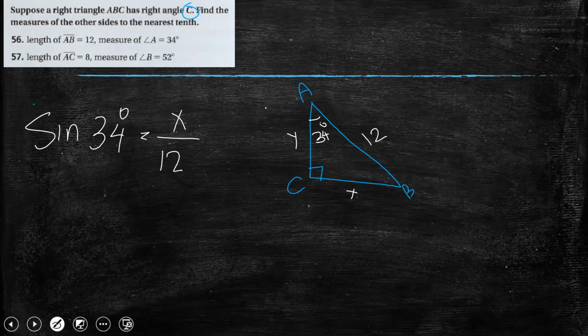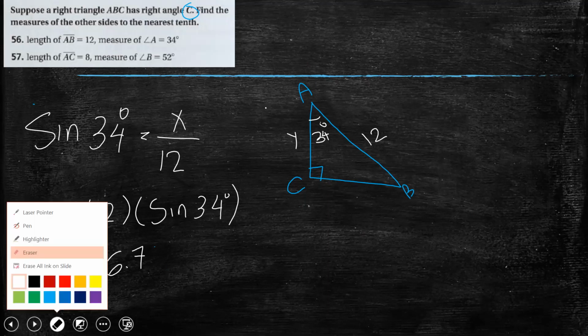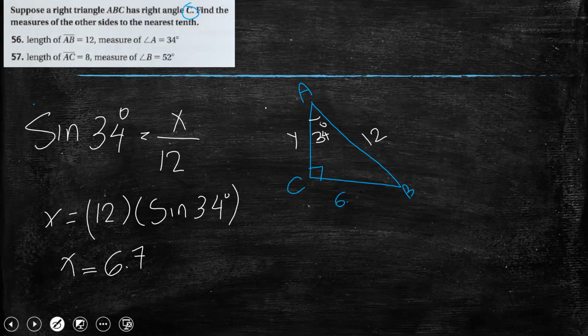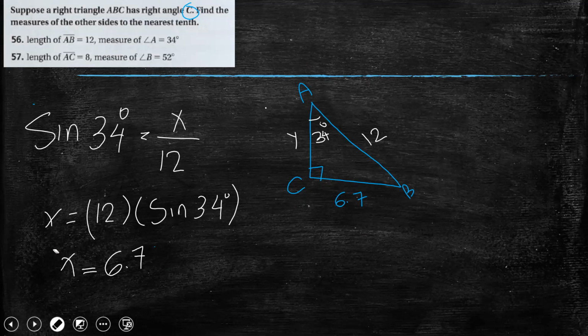So then I need to find x. I'll multiply 12 by sine 34. Sine 34 times 12 is 6.7. This is the measure of side x. Now for angle A, I also need to find y. What is y with respect to angle A?